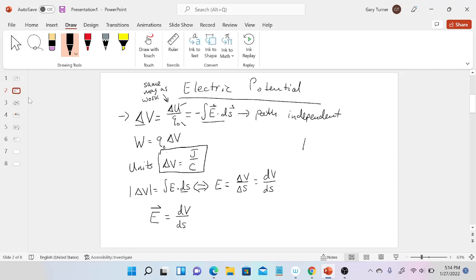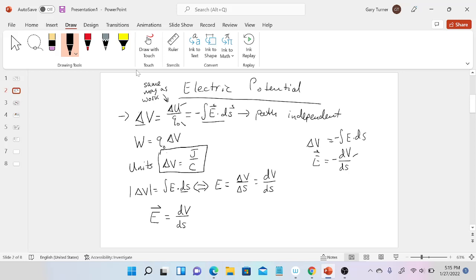Remember that we argued that the absolute value of the change in potential is equal to the integral of E dot ds. But if I take away those absolute values, then this becomes negative, and therefore E is actually equal to the negative derivative of potential with respect to position.